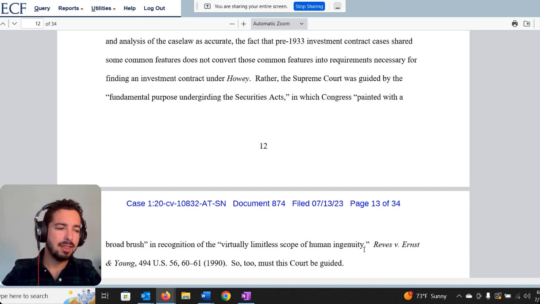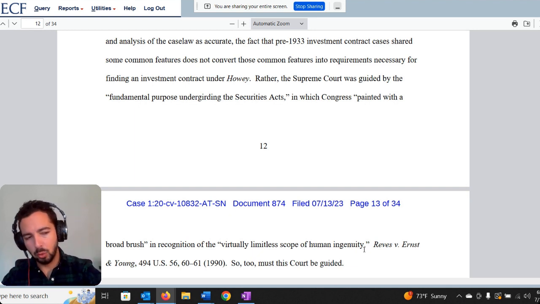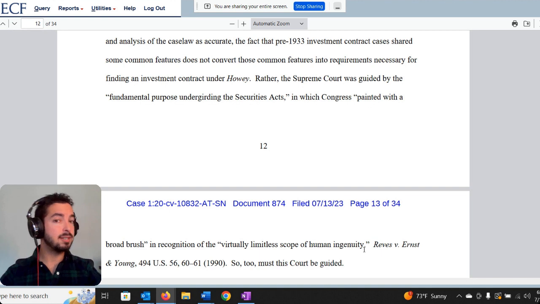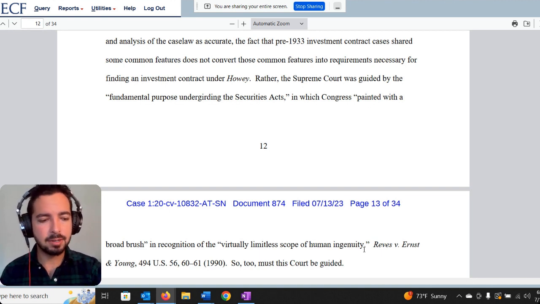Because in that situation, there's always going to be someone who can figure out how to get around the rules. So we're not going to have a bright line test. Instead, we're going to give the courts a lot of leeway to determine whether this is a security or not, and we're just going to give these general concepts to help them figure it out on a case by case basis.